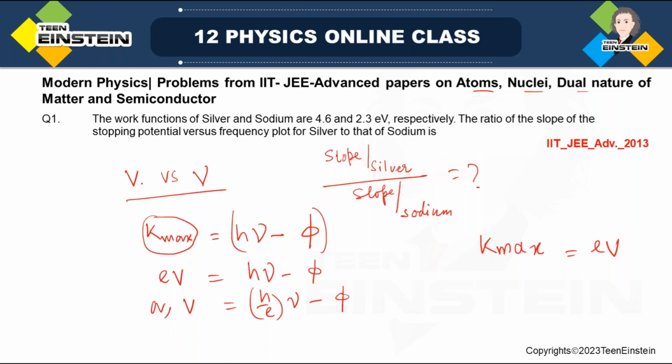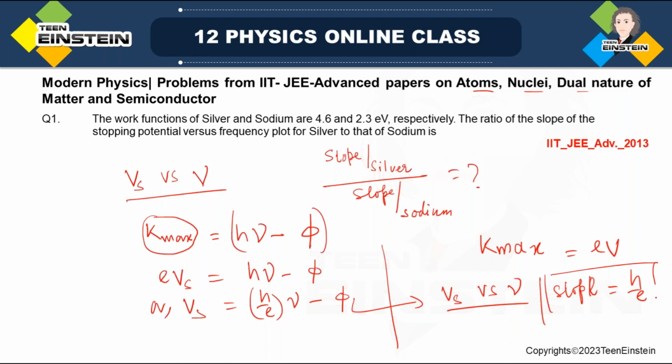The stopping potential, better to write this as Vs. So from this equation, if we plot stopping potential Vs versus frequency of the incident photon, then what is the slope? The slope will be given by h by e.